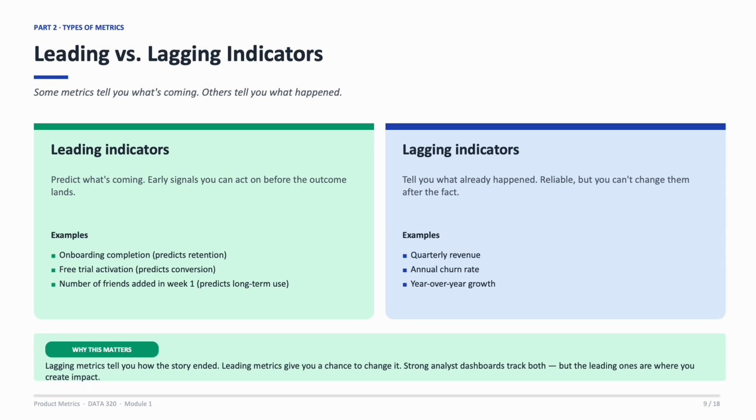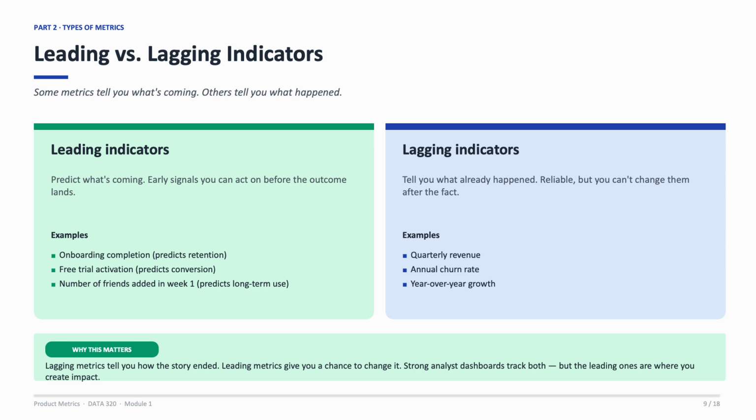So when you're working on a dashboard, a strong analyst's dashboard tracks both of these. But your highest impact work is almost always around leading indicators. That's where there's still time to change the story.